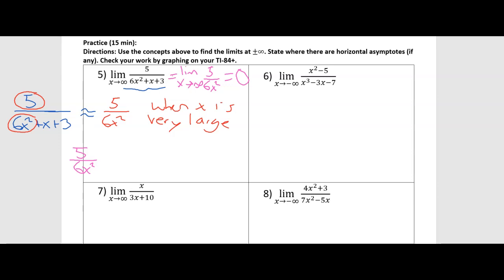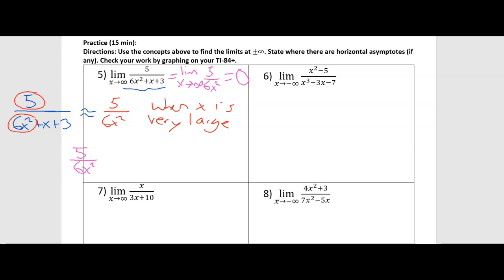And if I keep dividing 5 by larger and larger numbers, because if I substitute in 10 and then substitute in 100, the denominator is going to be larger when x is equal to 100 than when x is equal to 10. That means that 5 is going to be split up into smaller and smaller pizzas. We thought about that pizza example.